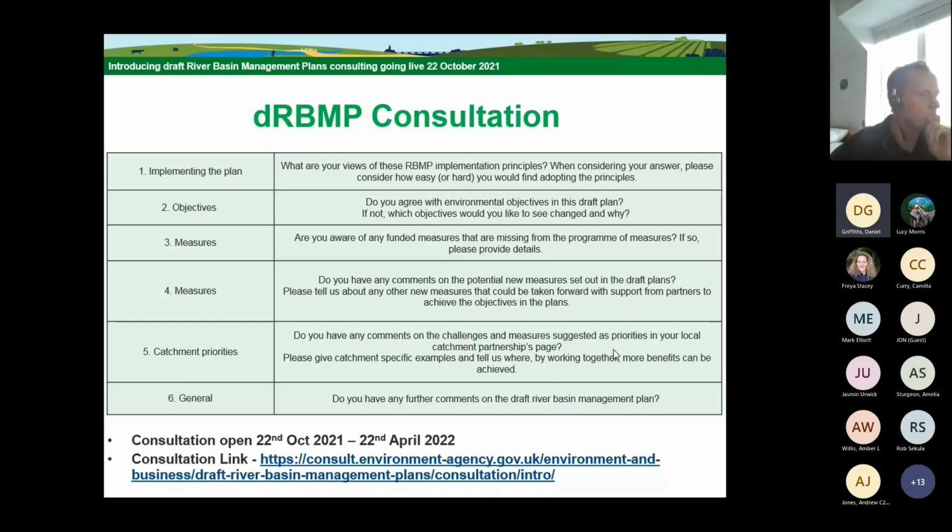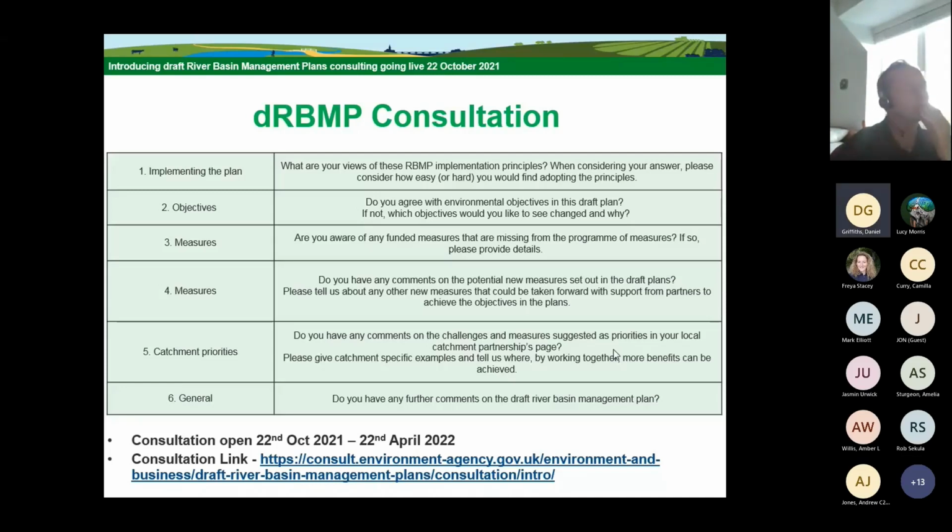The second question is on the objective data set, which we've just run through, and that's looking at whether you agree with the objectives that we've set and any suggested changes, so where you think that they're not correct in their current form. The next two questions look at the measures data set.